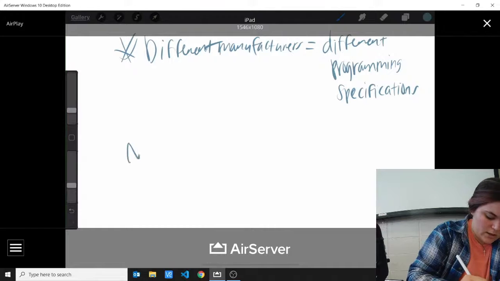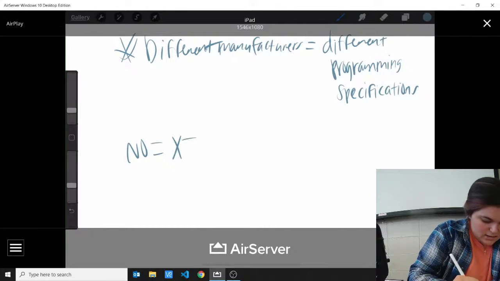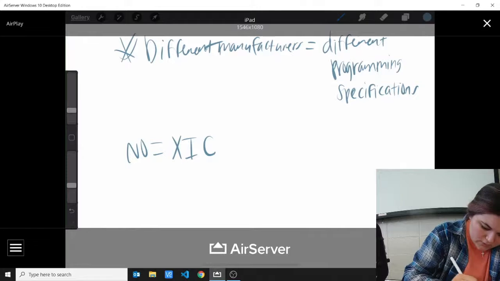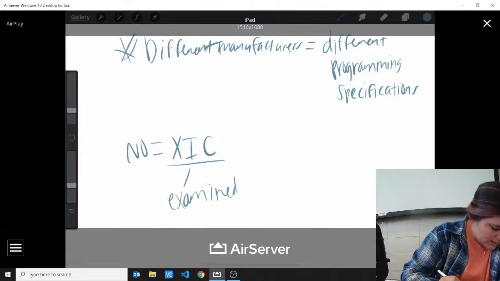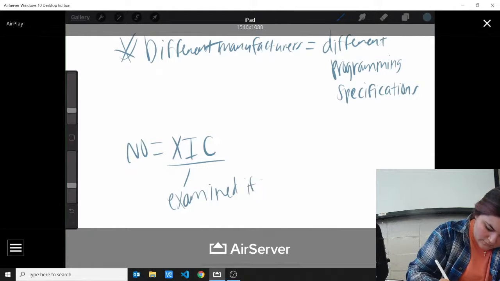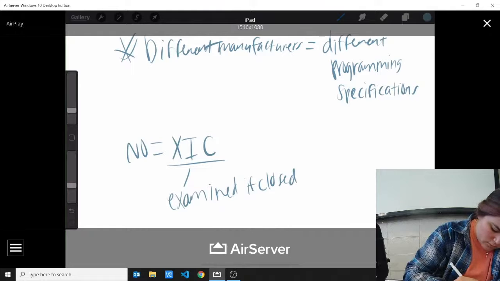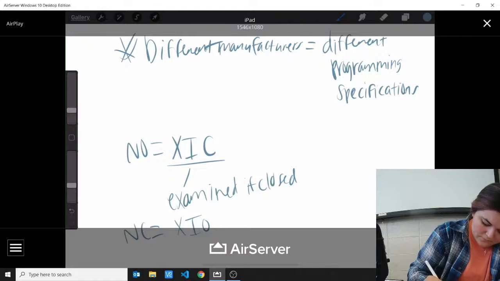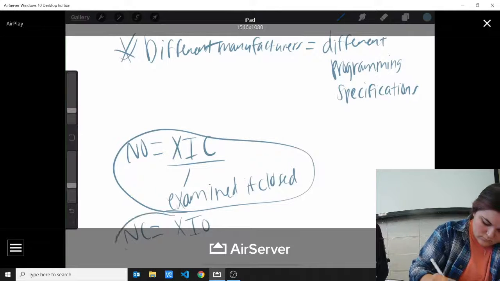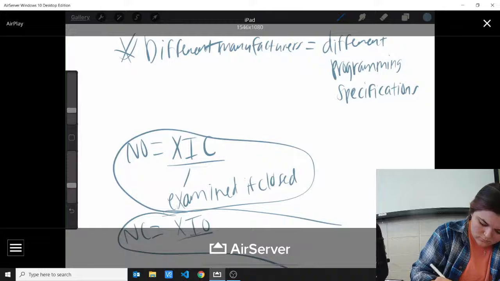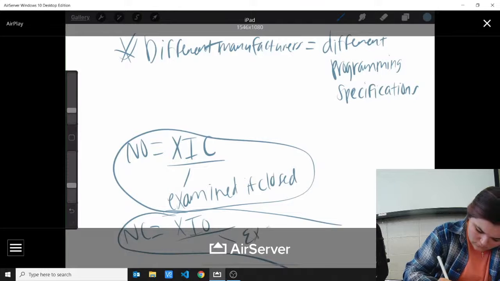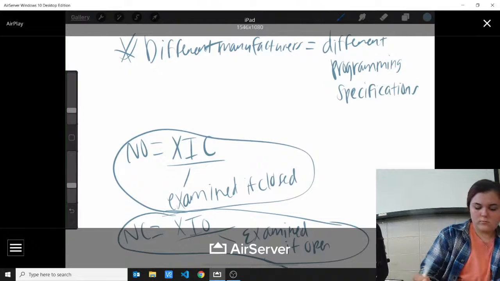So normally open equals XIC, which means examined if closed. And normally closed contacts, examine if open.